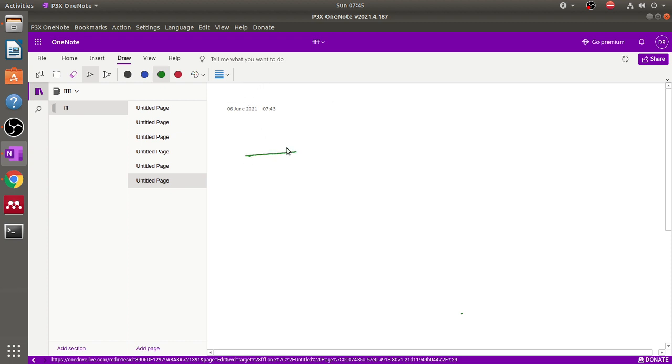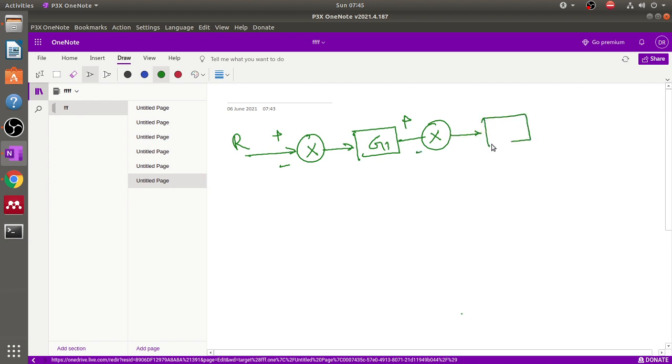Now this is one signal, this is plus minus, this is input signal R, and this signal is then multiplied by gain G1, and there is another comparator plus minus, and from here connected one gain G2, and here another gain known as G3. These two outputs are again connected to the summing point.